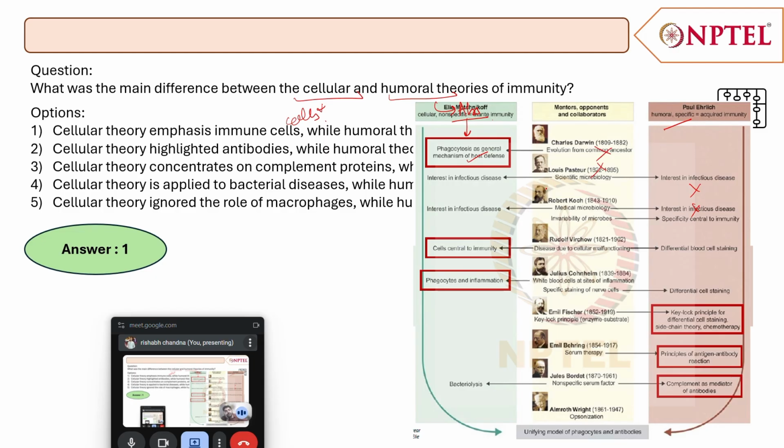Moving on to Louis Pasteur, he believed in both cases, the infection biology. Same with Robert Koch. Then Rudolf Virchow, he suggested that cells are central to immunity. Then Coleman, phagocytosis and inflammation, followed by Emil Fischer, the lock and key principle, and differential chain as in the side chain theory.